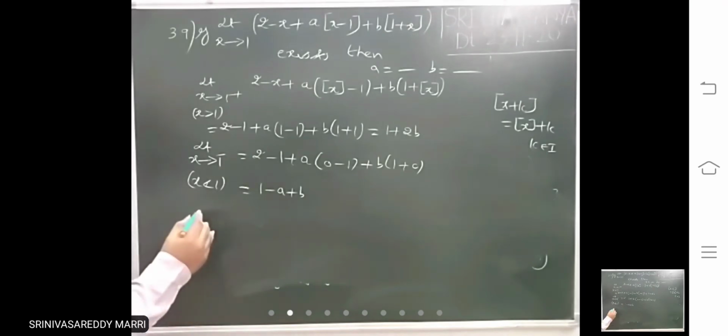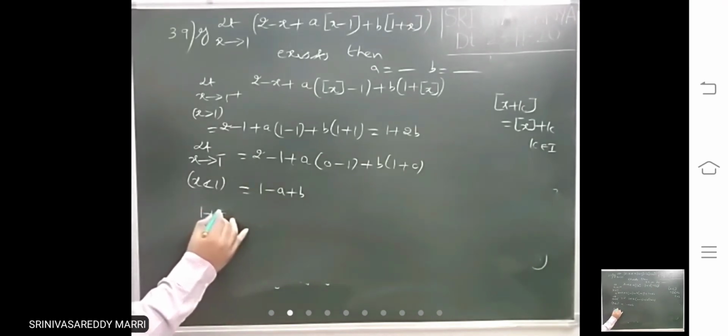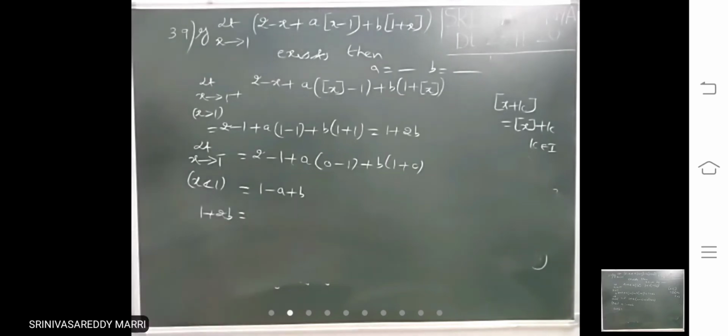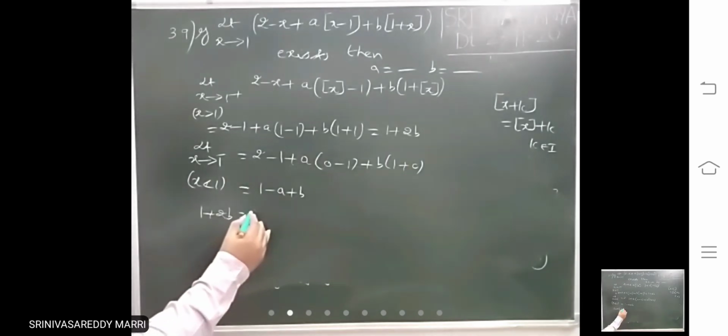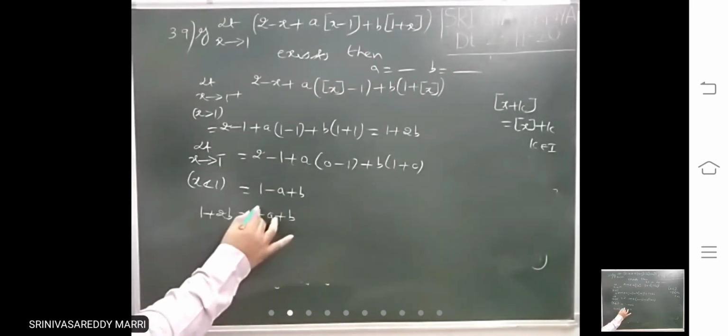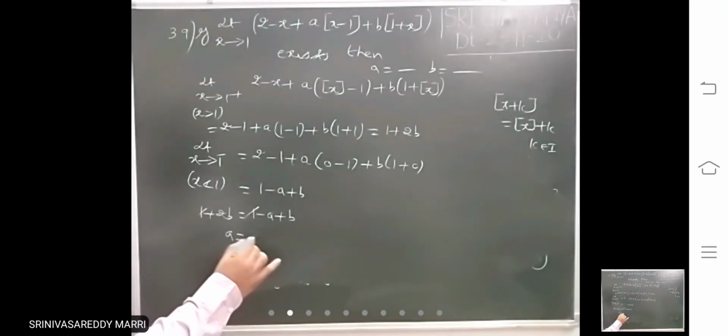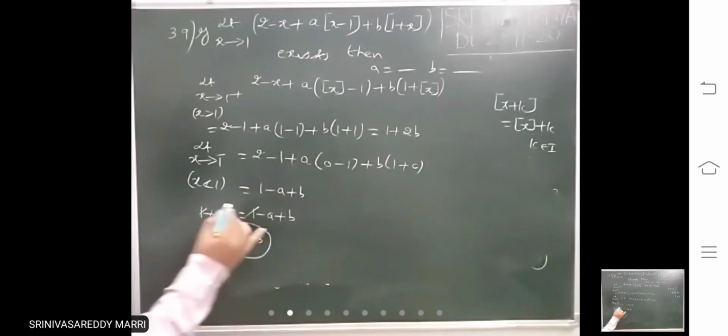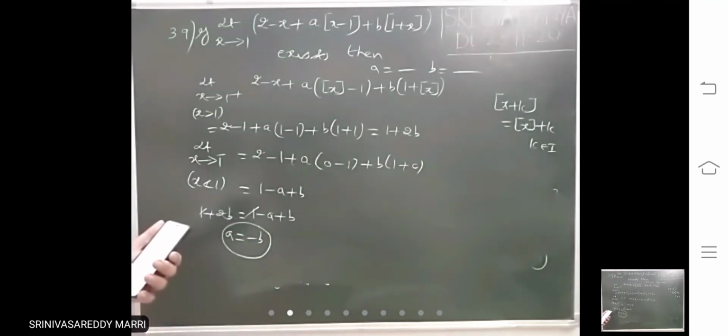Limit exists means both are equal. So 1 plus 2b equal to 1 minus a plus b. So 1 cancels, so a equal to minus b.